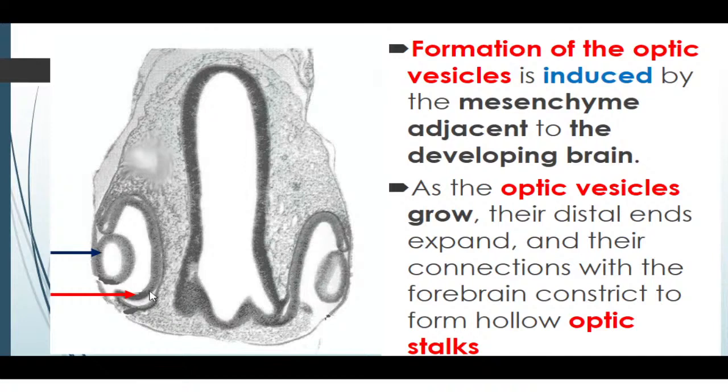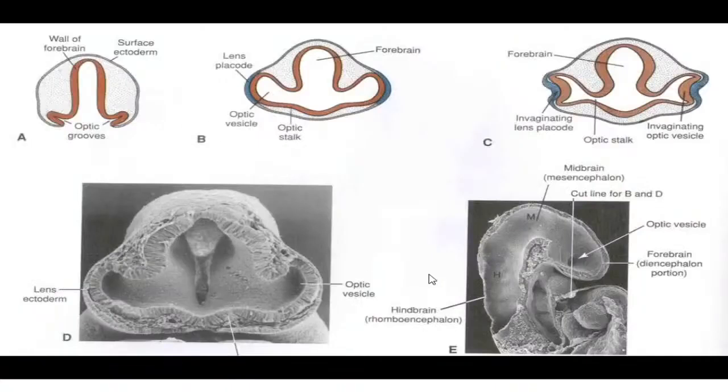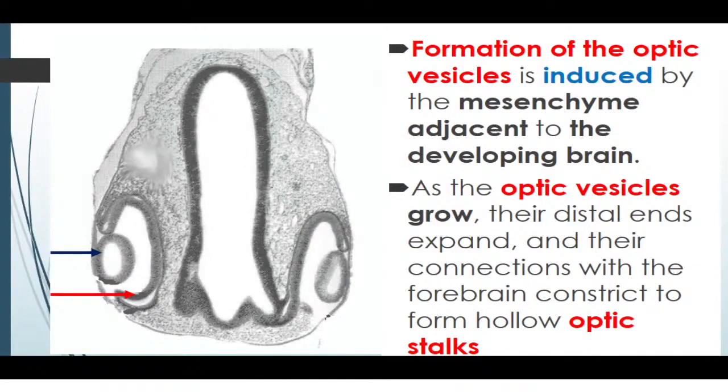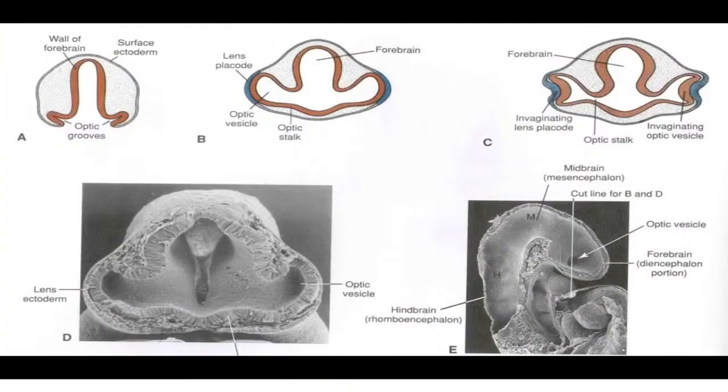So the optic cup originally contained two surfaces, inner and outermost, and the lens placode invaginates inside. The lens placode is surface ectoderm, while the optic vesicle and optic cup are neural ectoderm. Between the surface ectoderm and neural ectoderm is mesenchyme, which migrated between these two layers.